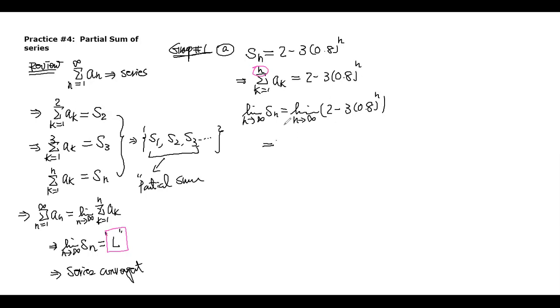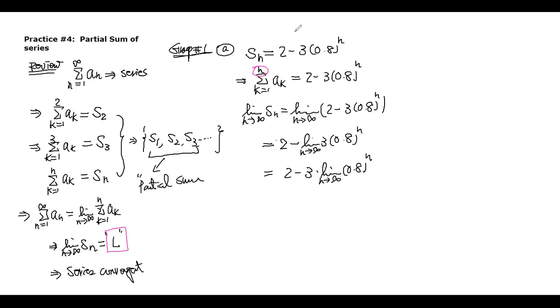From Calculus 1, we know if you take the limit of just the number, it will be 2, right? Then this will be the limit as n approaches infinity of 3 times 0.a to the nth power. So you take the 3 out. This is the limit as n approaches infinity of 0.a to the nth power.